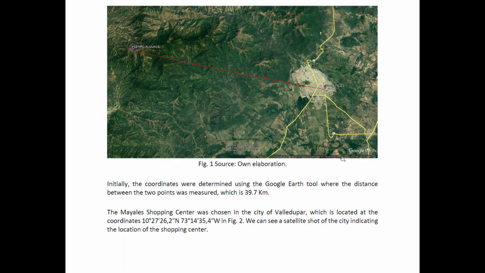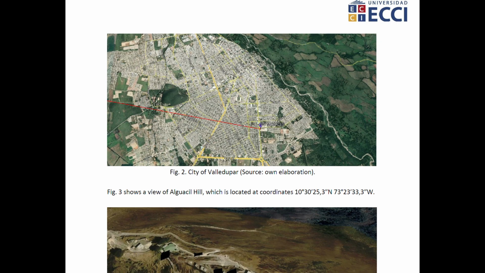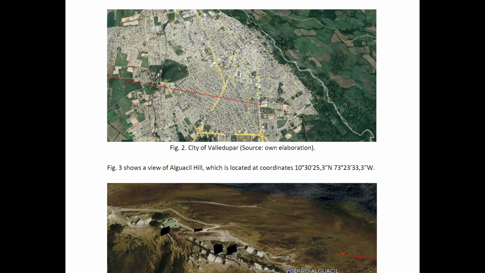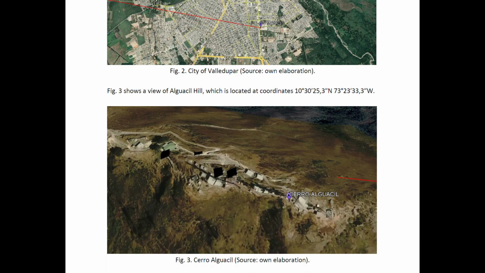We can see a shot of the city indicating the location of the shopping center. This is the photograph of the location of the Mayales shopping center. And here in figure 3 we have Cerro Alguacil located in these coordinates.